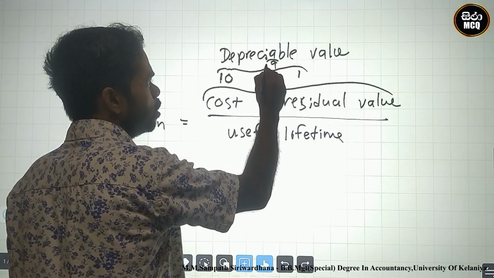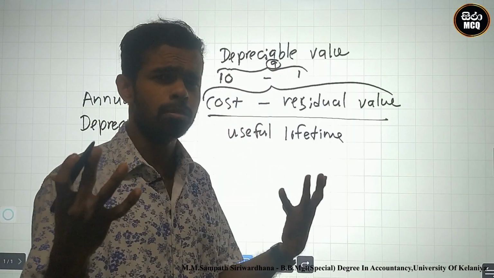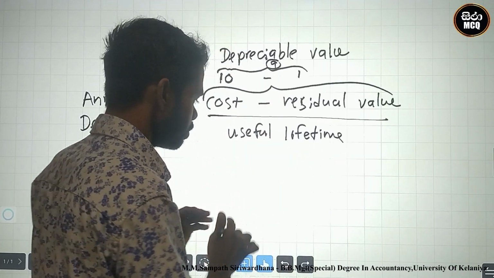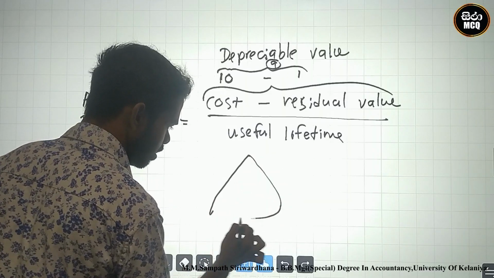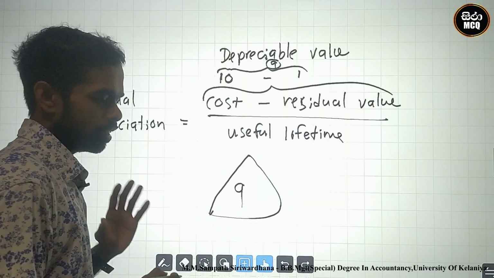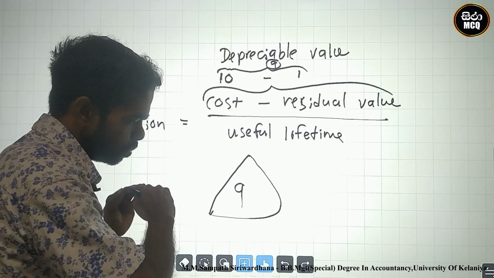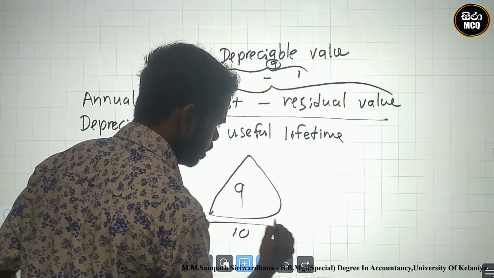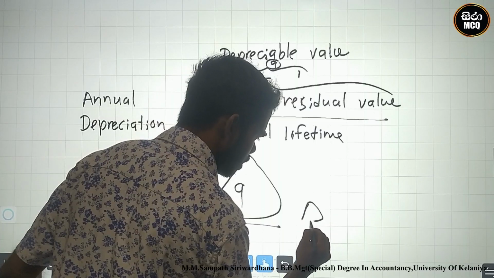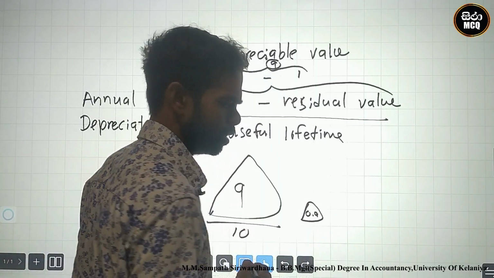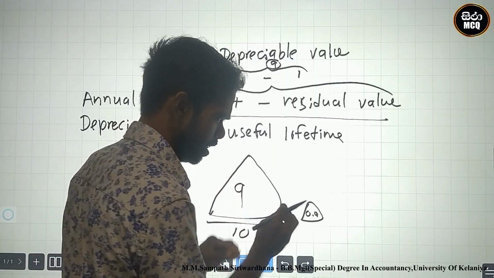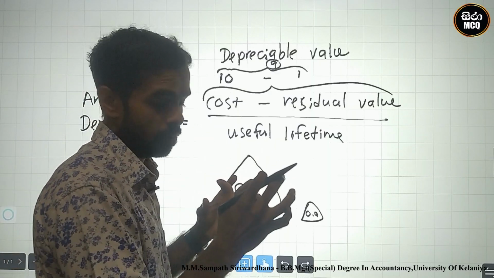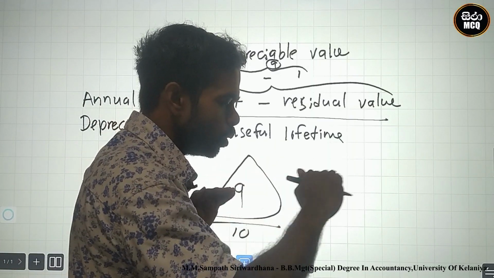The net cost is the total expense. Therefore this 9 million should be divided over the useful lifetime. If we divide by 10 years, it is 0.9 million, so there is a small depreciation expense each year. The huge cost of 9 million, the depreciable value, is divided over the useful lifetime.